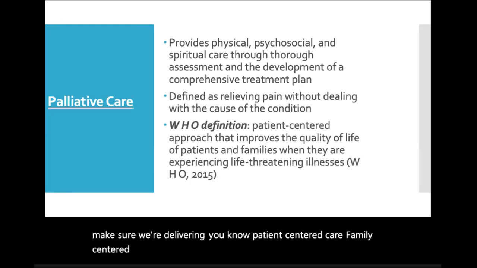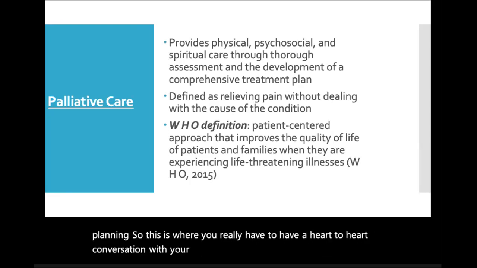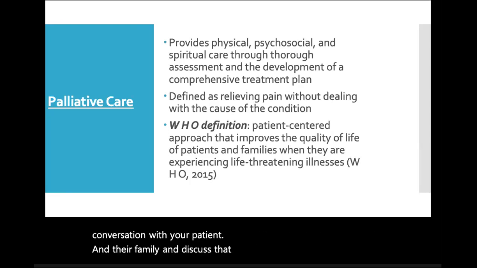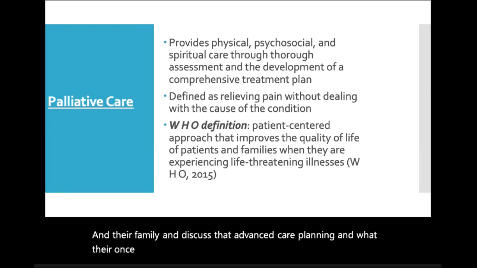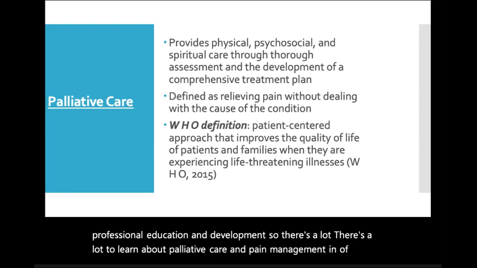Client and patient communication and advanced care planning. So this is where you really have to have a heart-to-heart conversation with your patient and their family and discuss that advanced care planning and what their wants are in terms of advanced directives. The third one is professional education and development. So there's a lot to learn about palliative care, and pain management in and of itself is its own specialty.